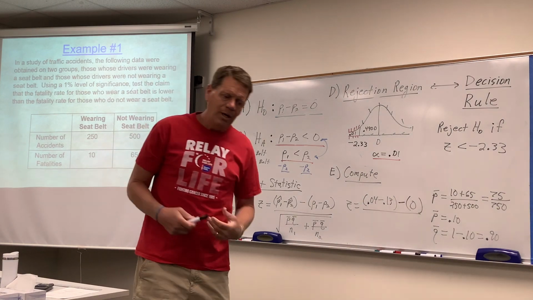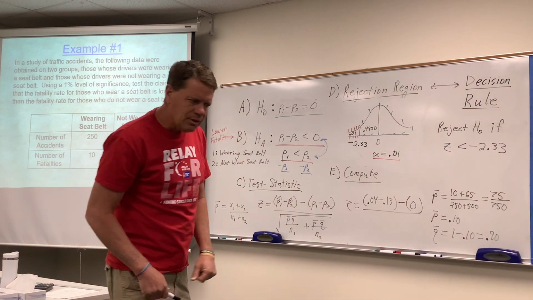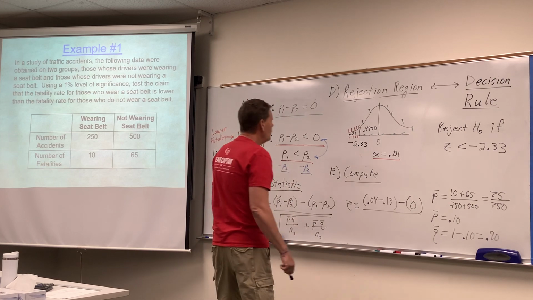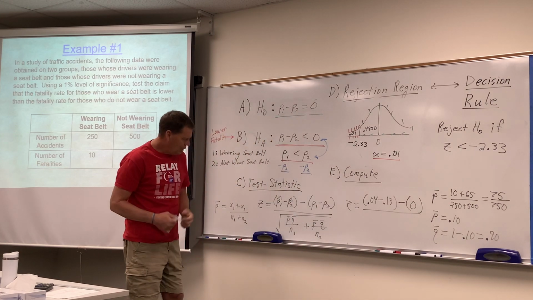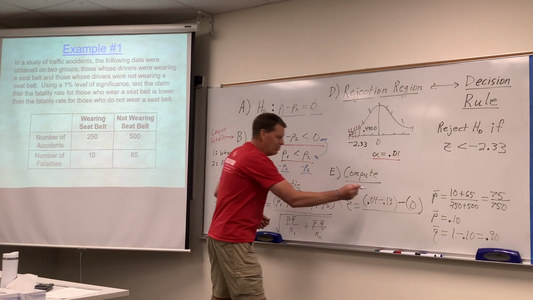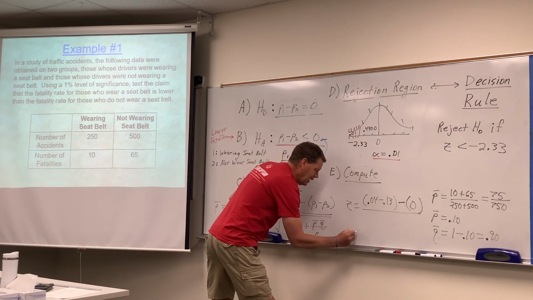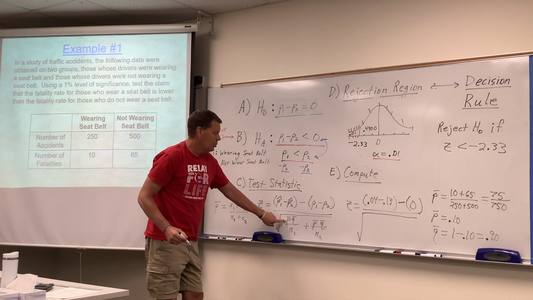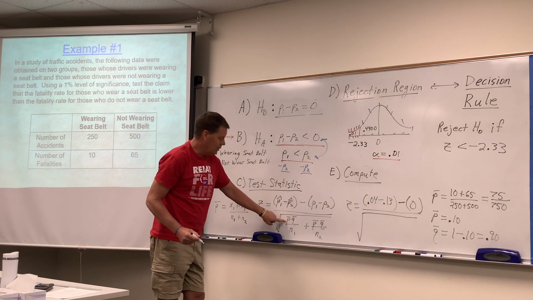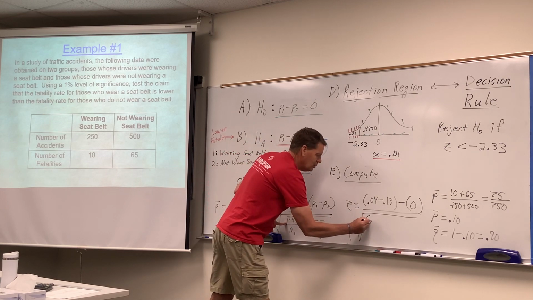So we're basically saying there's no difference between the two populations. So that'll be 0 every time for the questions we're going to do. There are other situations in life where it might not be, but I'll just tell you flat out right now that it'll work for us. All right, then the pooled percentage, the pooled fatality rate was 10%, I'll remind you.